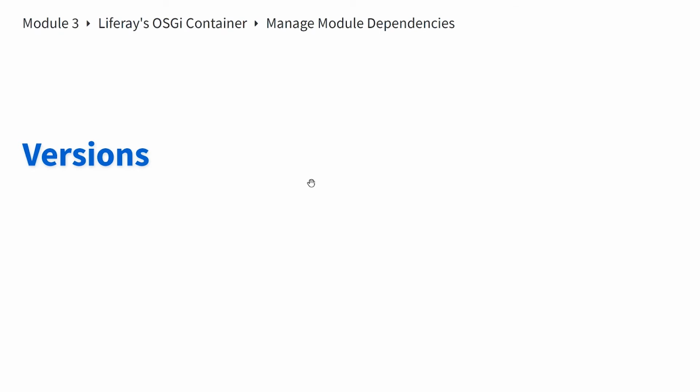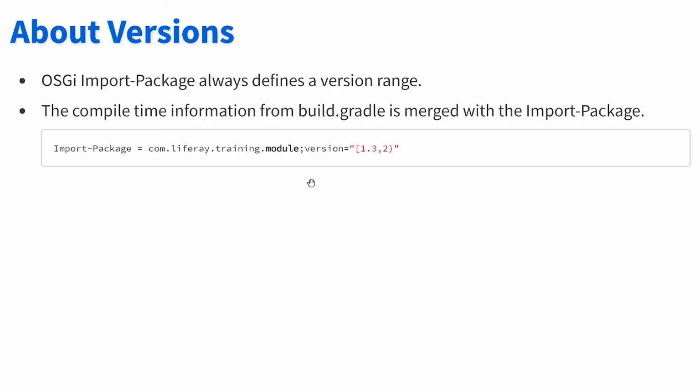Versions. So again, we mentioned that if we're using the target platform, we don't need to worry about versioning. But let's go through the situation where we might need to worry about it a little bit. Now, when we're looking at the versioning, for example, when we're bringing in specific packages from different OSGI bundles or Liferay modules, right, we may need to specify the version.